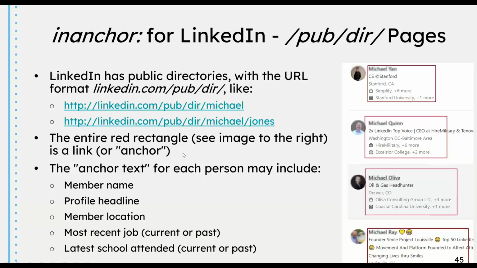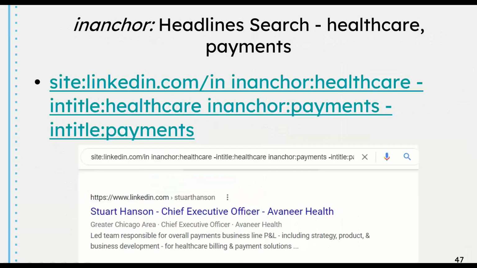So when we search for this anchor text within these public directory pages, we know what to expect, we know how to structure these searches, and we can use the fact that these exist to find profiles we might otherwise miss.